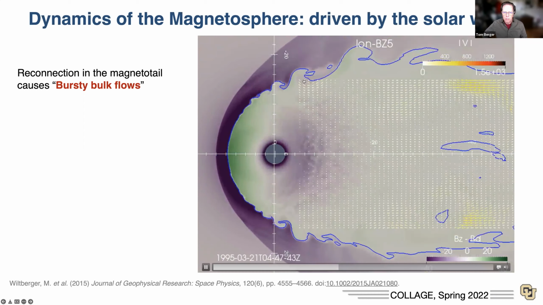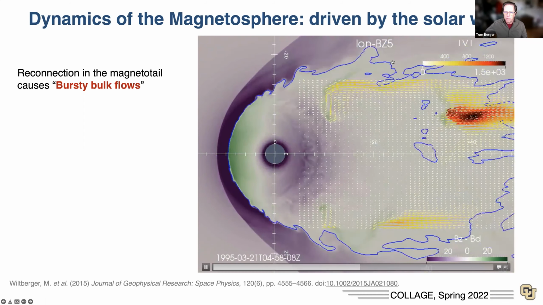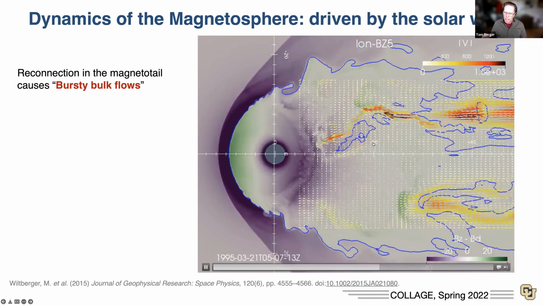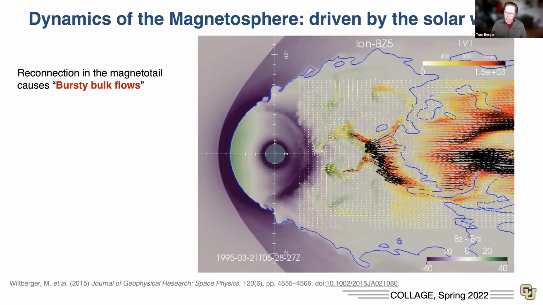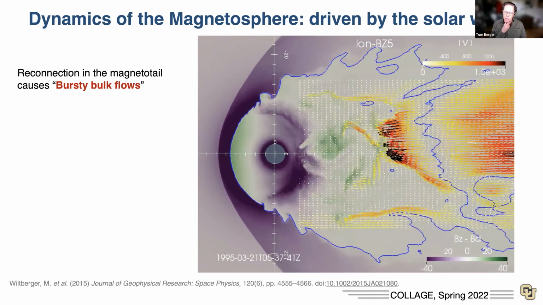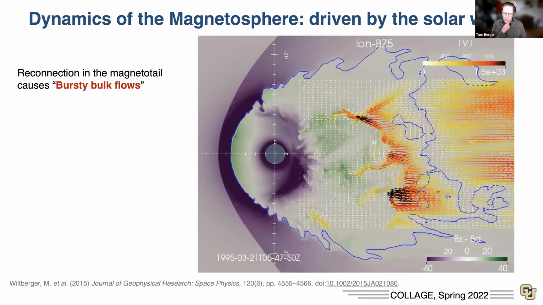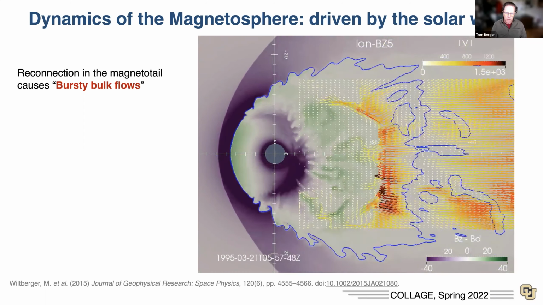So you can see there's very detailed Kelvin-Helmholtz instabilities along here. And here come these snapping back bursty bulk flows, as they're called, bringing plasma backwards from the tail region into the polar region. This is actually looking straight down on the Earth.